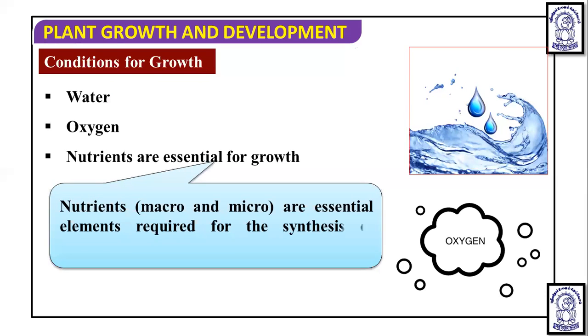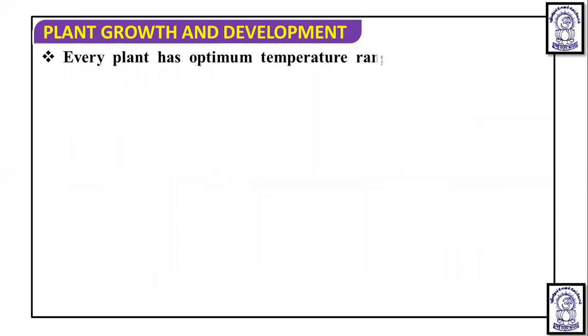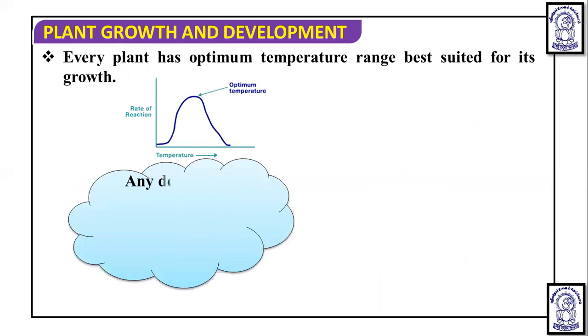Apart from this, every plant has an optimum temperature range best suited for its growth. So temperature is another condition required for growth. Any deviation from this range could be detrimental for survival.